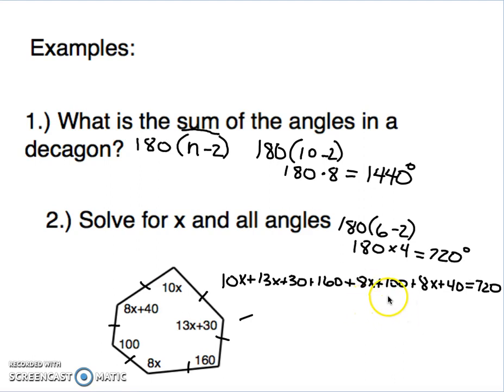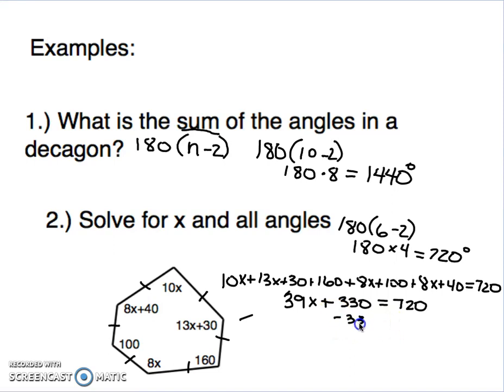And now you're going to solve this big long equation. So when we combine like terms, we get 39x plus 330 equals 720.